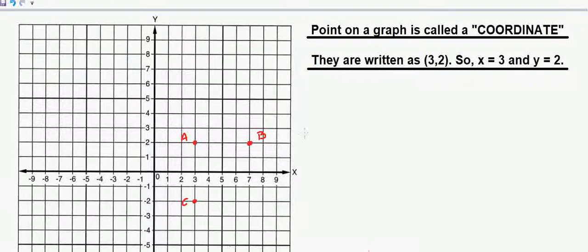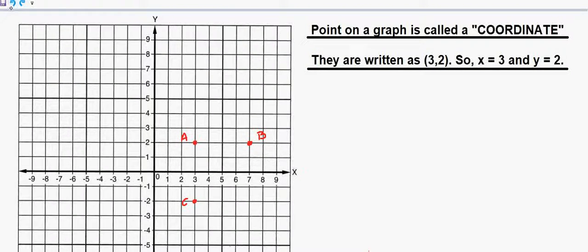So we have two lines, X and Y. Okay, so these are called axes. So this is the X-axis here, this horizontal line, and the vertical line is the Y-axis.